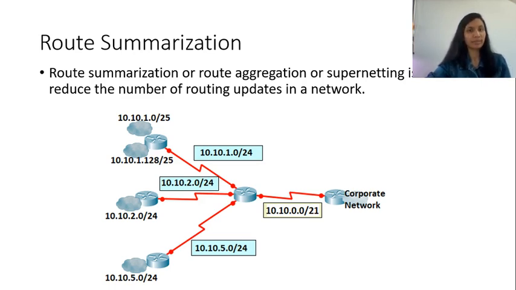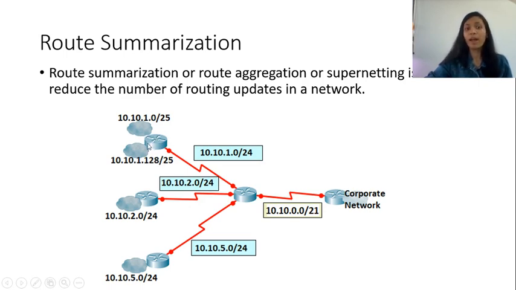Like for example, take a case here, my router has got 2 networks connected to it, 10.10.1.0/25 and 10.10.1.128/25.